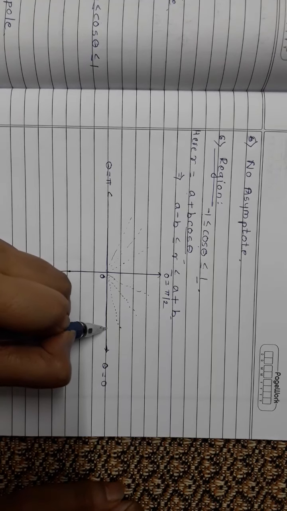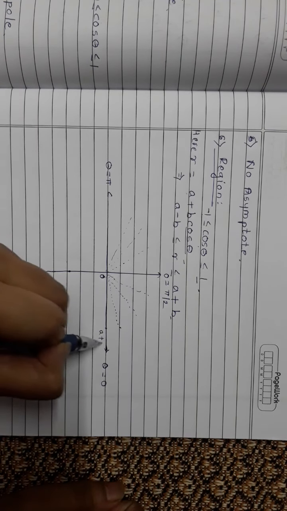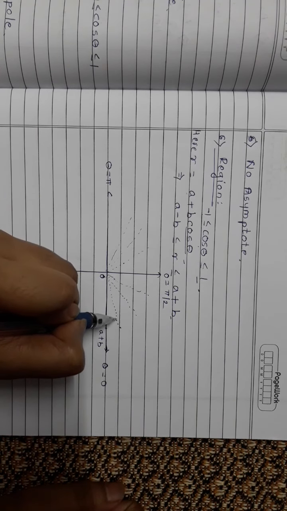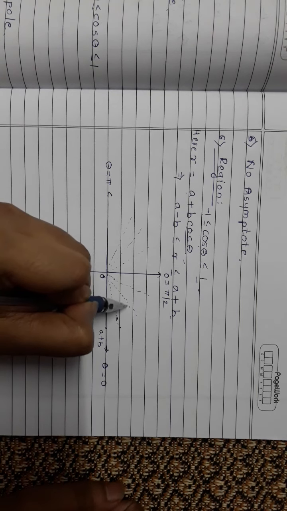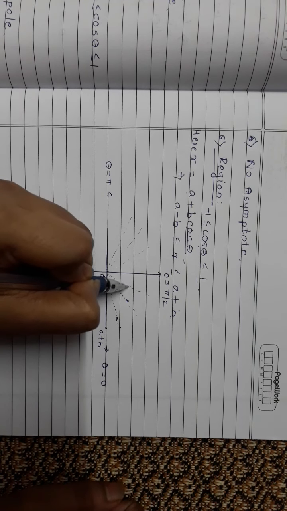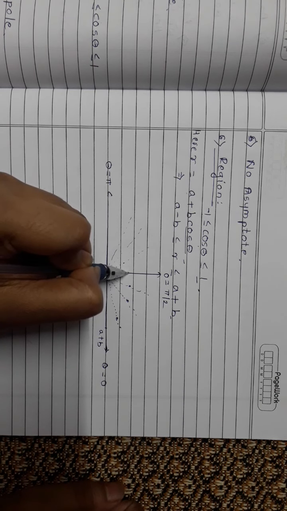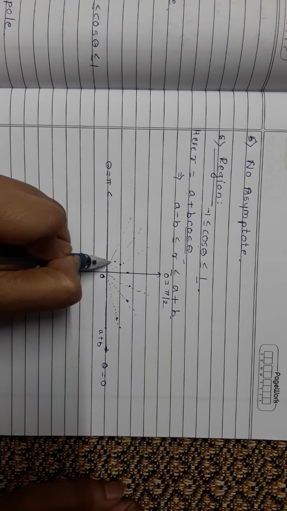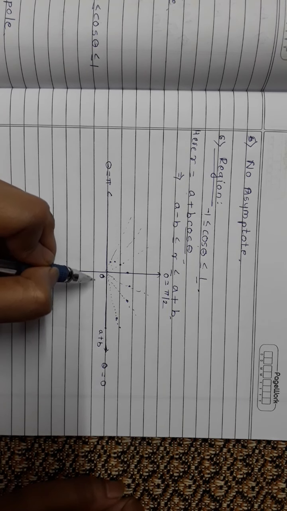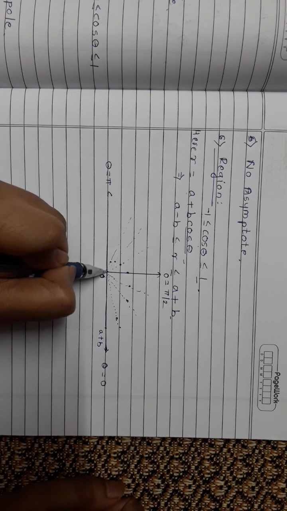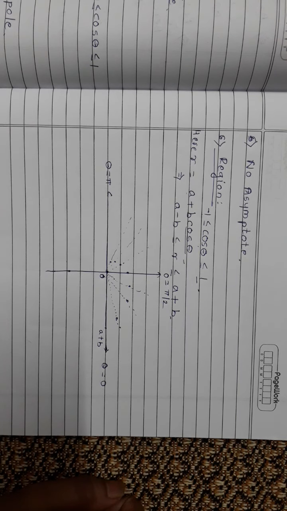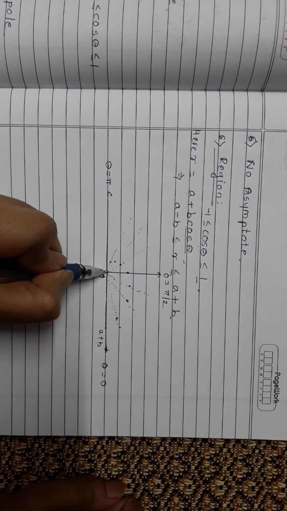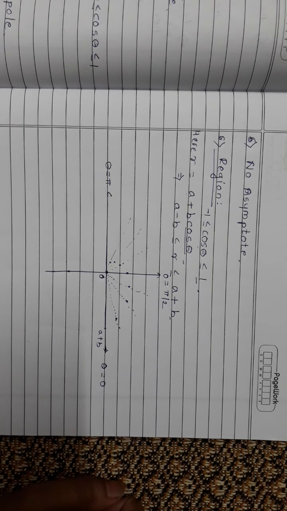Firstly the value was a plus b, then the second one, the value is dropping constantly, right? And at cos inverse of minus a by b it becomes 0, right? You are appearing up to this point, correct?